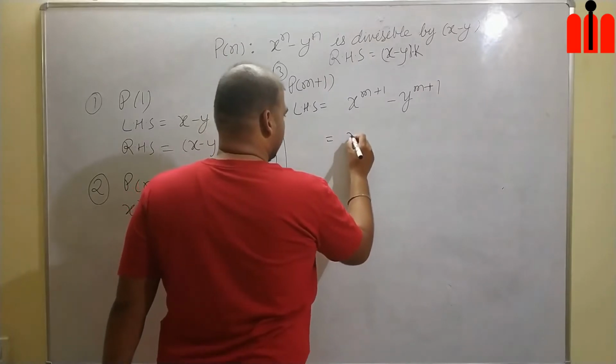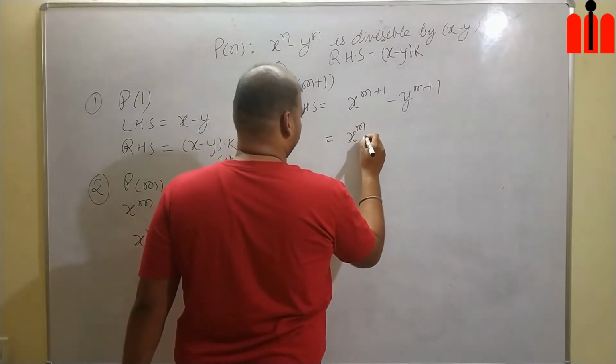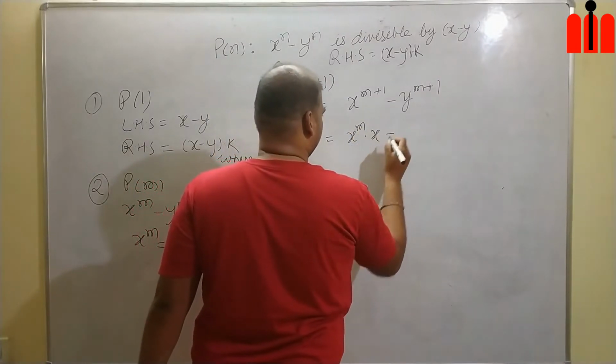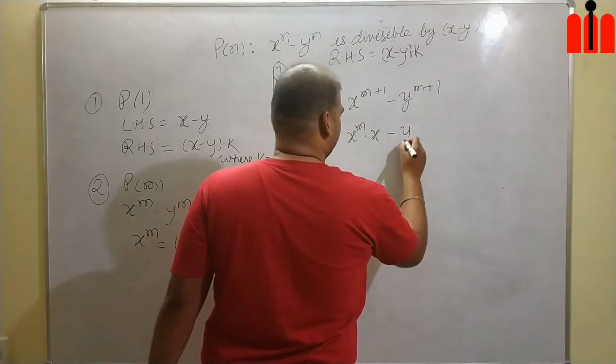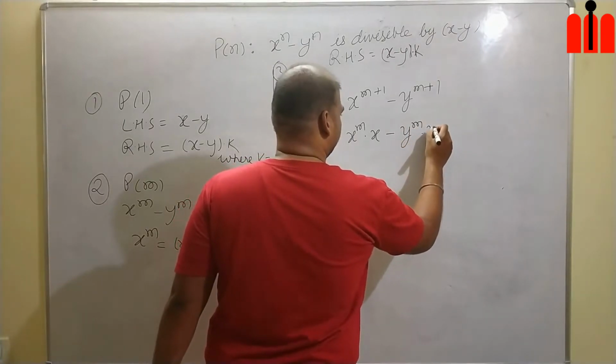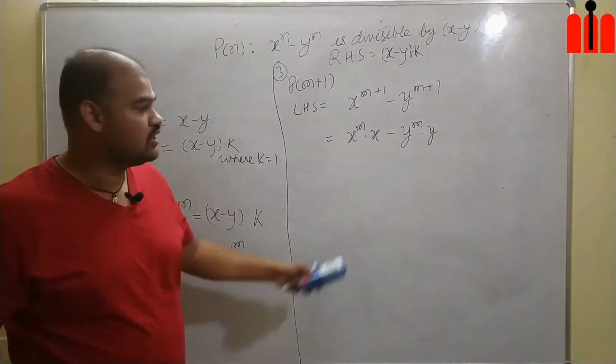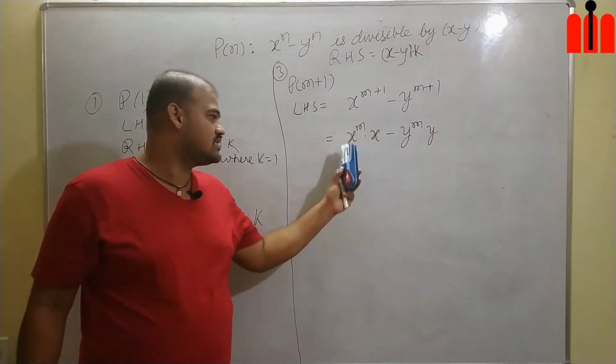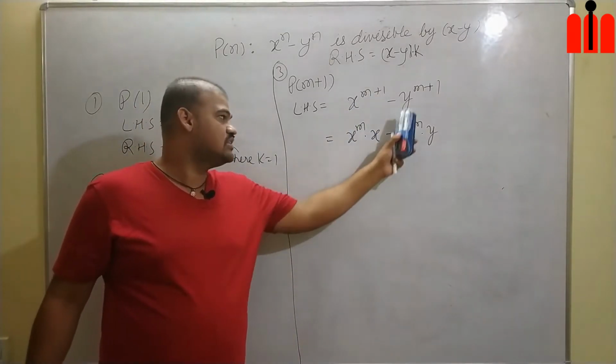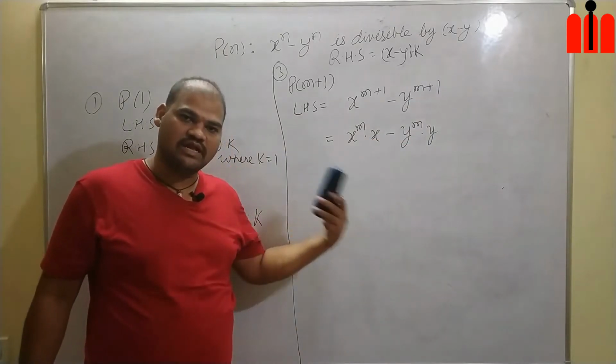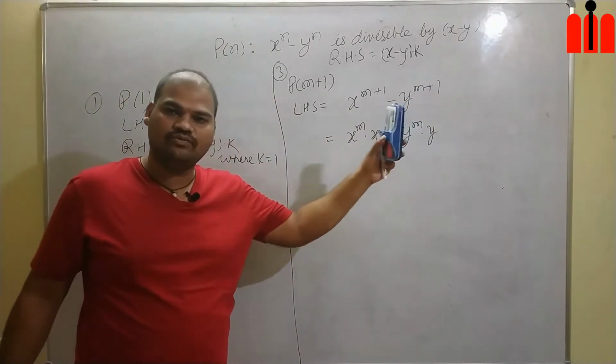Okay, x to the power of m plus 1 will be written as x to the power of m into x, and y to the power of m plus 1 will be written as y to the power of m into y.